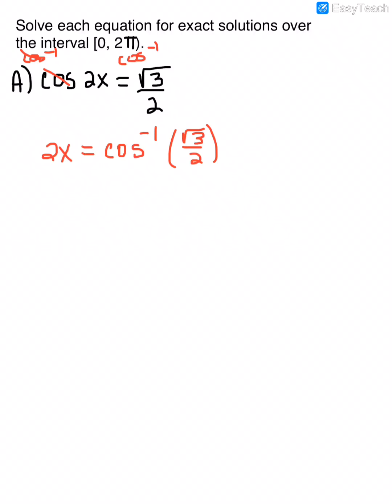The places where cosine is square root of 3 over 2 are at pi over 6, 11 pi over 6, 13 pi over 6, and 23 pi over 6.